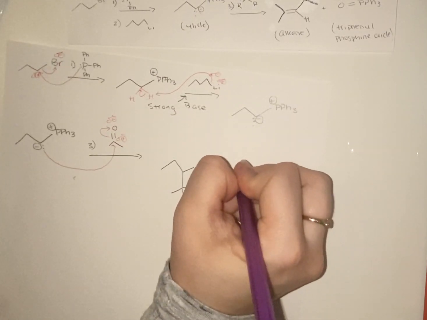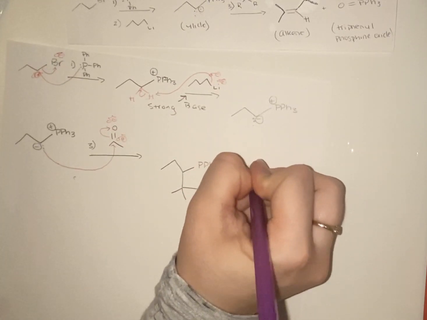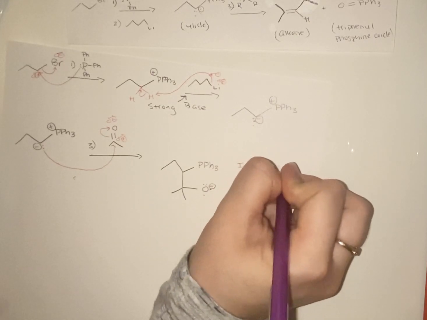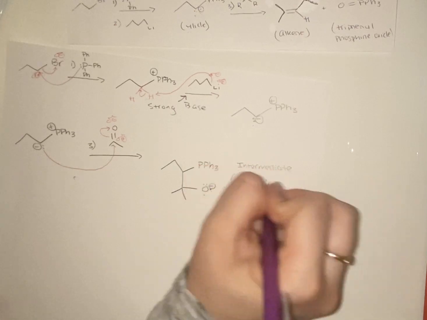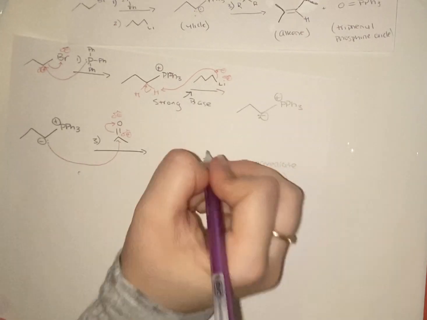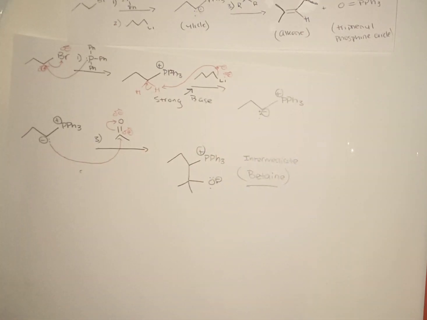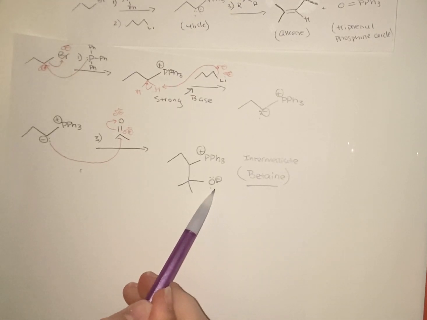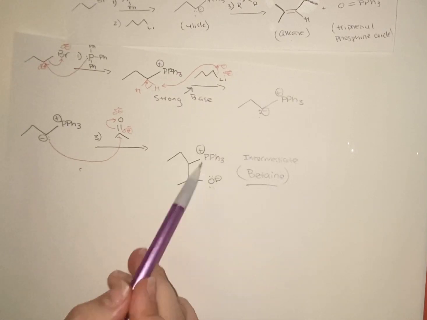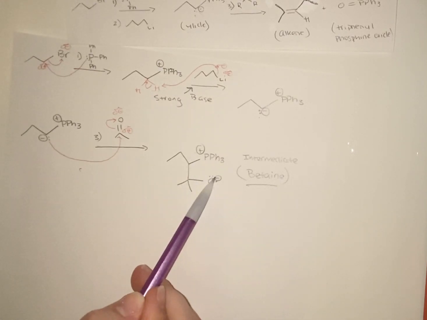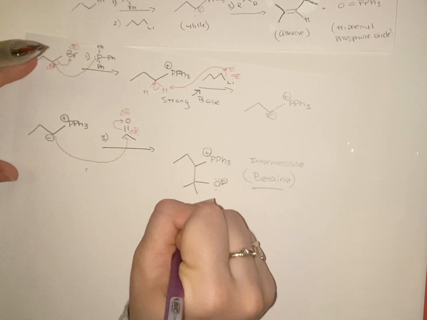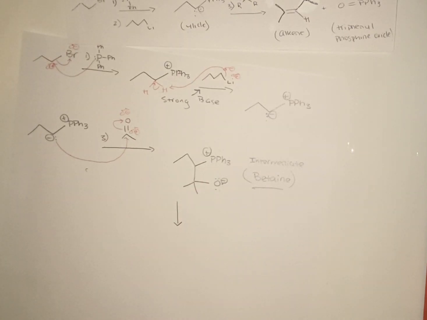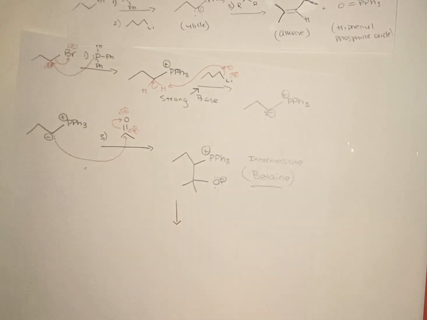Which is called the betaine. Now the phosphorus will also have a positive charge, and now the oxygen has a negative charge. So from there, these two have opposite charges, so they will attract. In this case, because of electrostatic interactions, they will actually form a bond.